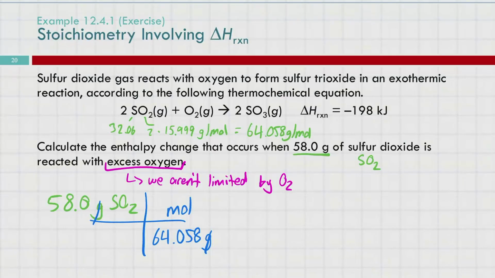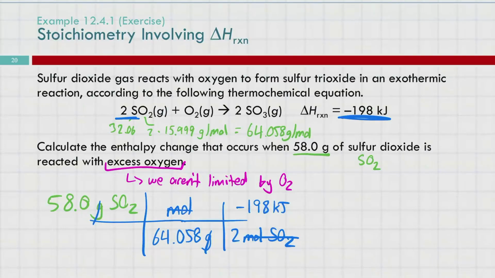And then we do the stoichiometry step, the ratio step. 2 SO2, or 2 moles of SO2, and negative 198 kilojoules. So negative 198 kilojoules goes on the top, and 2 moles SO2 goes on the bottom.